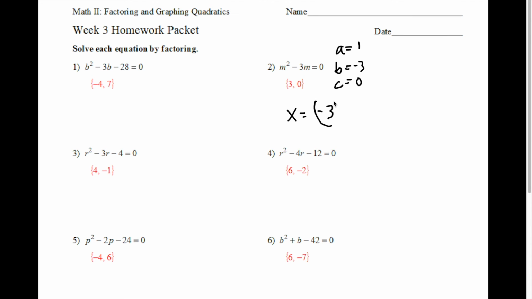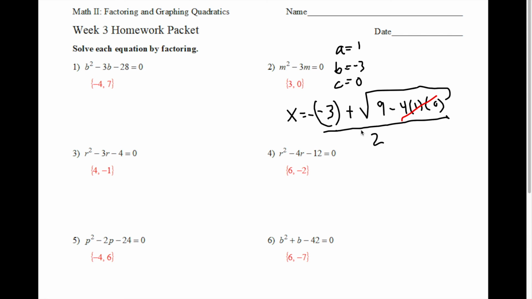Okay, so negative 3 plus b squared, which is 9, minus 4ac. Well, the 4a doesn't really matter. The c is 0, so all of this stuff is going to be 0. Okay, so that's great. We don't even have to worry about that.